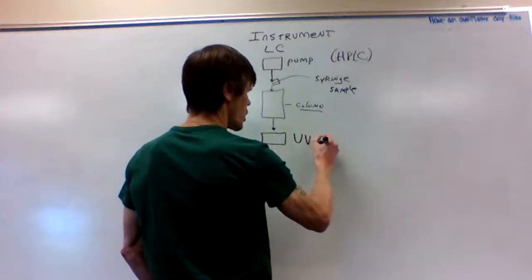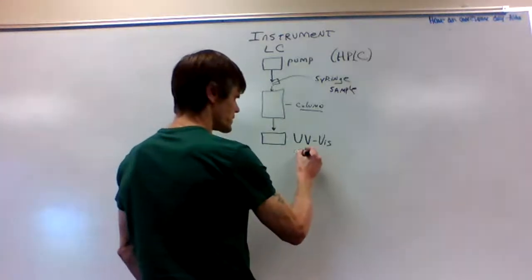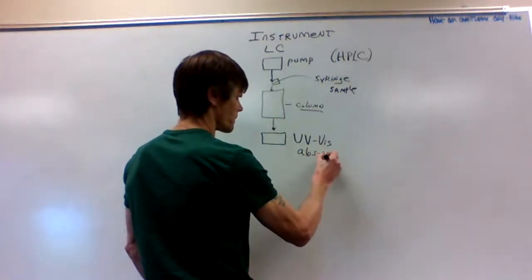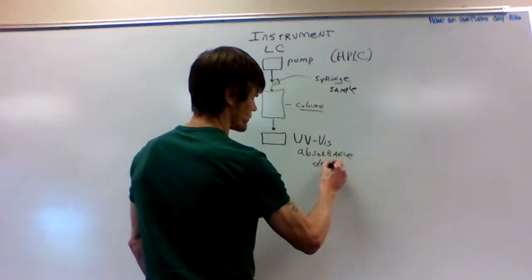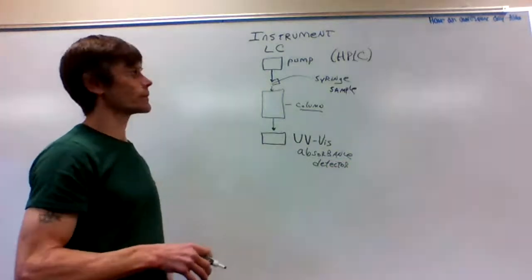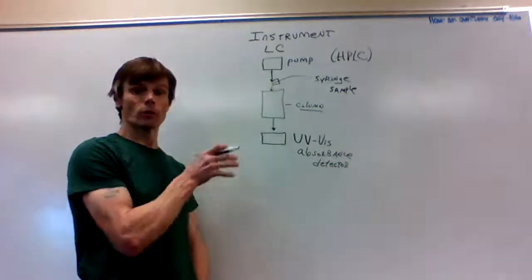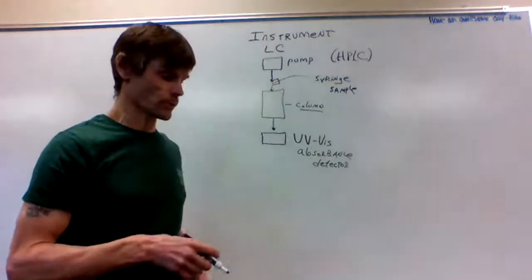As I said, a very common method of detection is a UV vis absorbance detector. There are other types of detectors. When we discuss gas chromatography, we'll discuss a different type of detector for that particular arrangement.